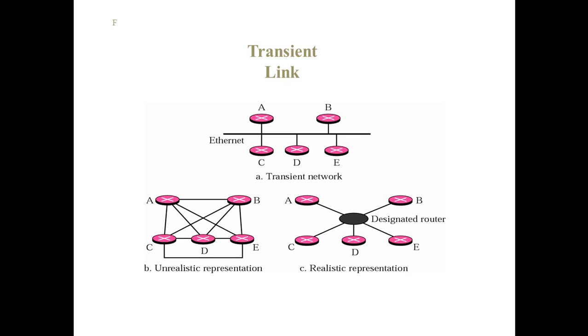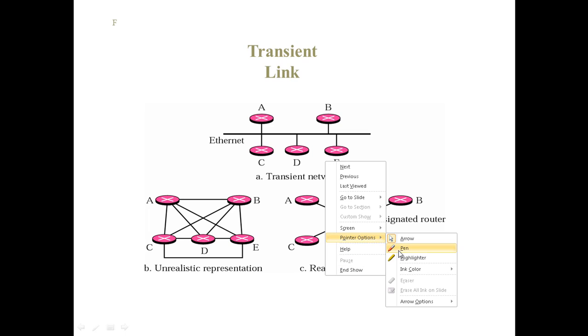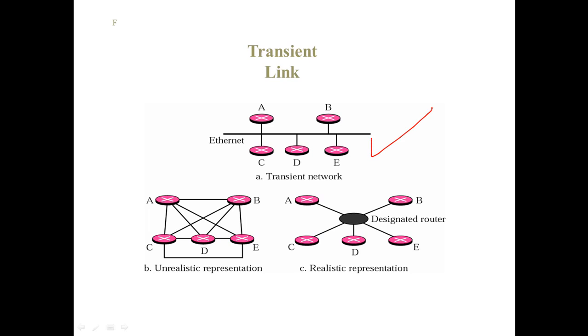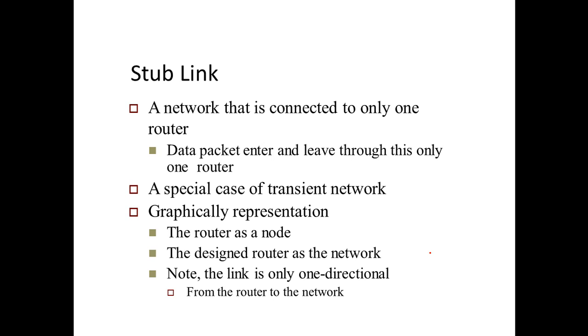There are multiple devices connected to each other, and this is your source, and this black one is the designated router. This is the transient network in its unrealistic presentation, and this is the realistic presentation for this kind of link. You can see that the links are shown over here.